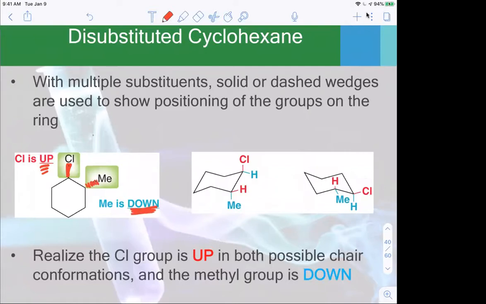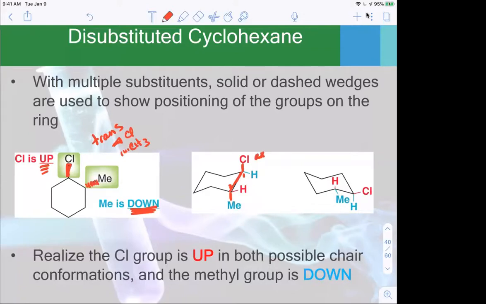So this is trans because my chlorine is up and my methyl is down. To draw the two ring conformations, I'm going to start where my chlorine is up and my methyl, this is 1, 2, is down. This clearly is a trans relationship.